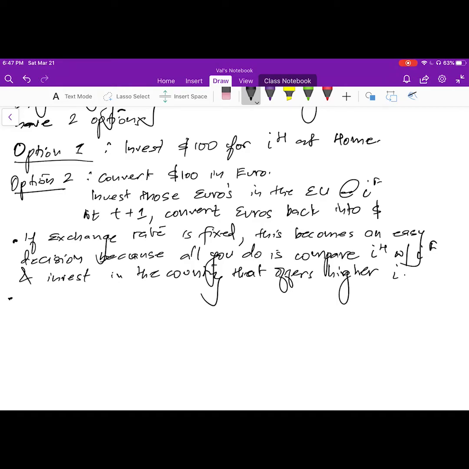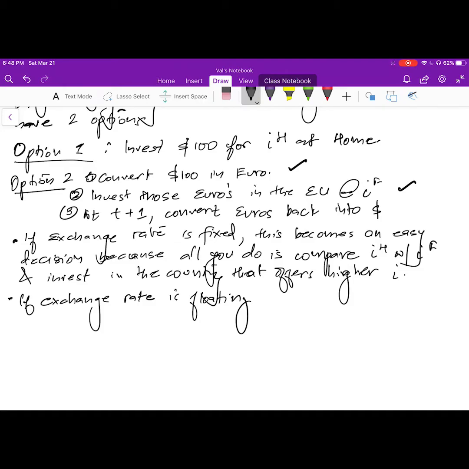So now let's think about the more prominent, more possible outcome, which is if the exchange rate is floating. If the exchange rate is indeed floating, then here's the problem you face. Let's say you do step number one, you convert $100 into euros, and then in step number two you invest in the European Union at IF.